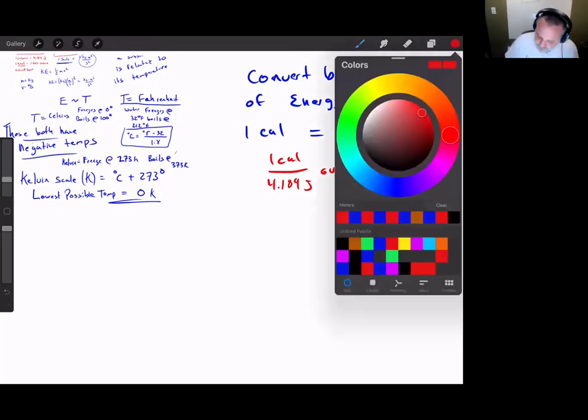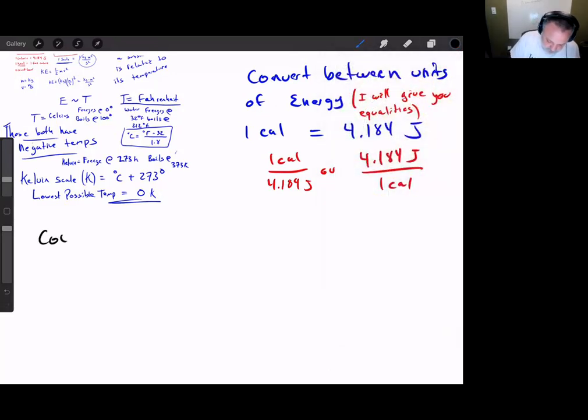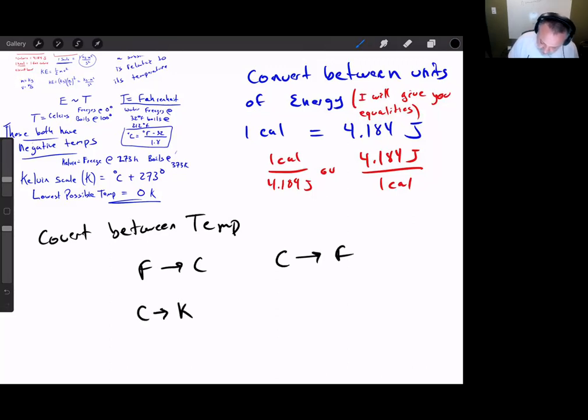But you should also be able to convert between temperatures. That means Fahrenheit to Celsius, Celsius to Fahrenheit, Celsius to Kelvin, and Kelvin to Celsius.